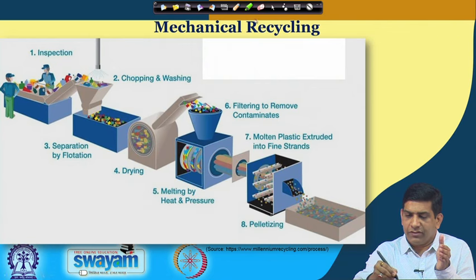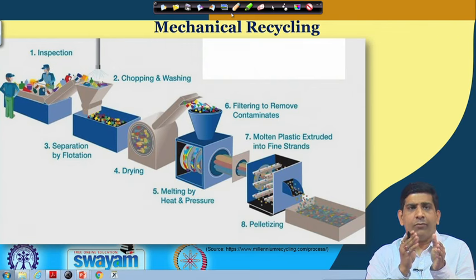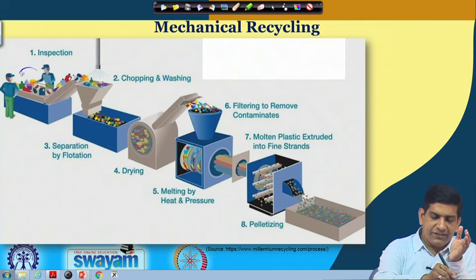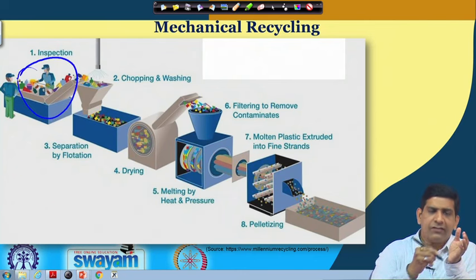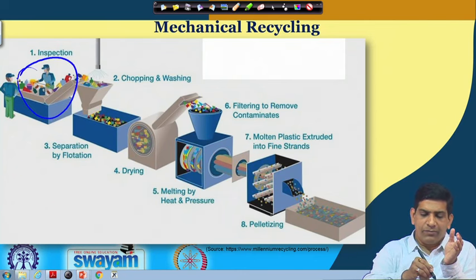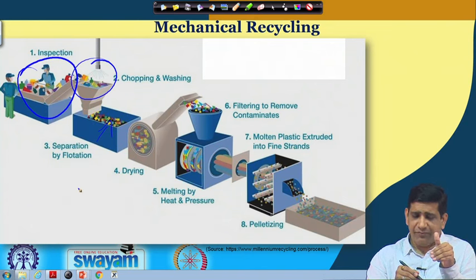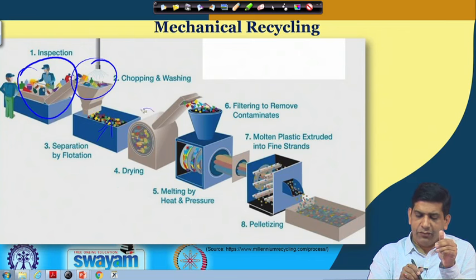So, this flow chart comes right after the previous video where we ended. You have these different types of plastics already separated out, and then you wash it and chop it. After that, you try to separate by flotation by different particle size and different density, and then you dry it, since it was washed.